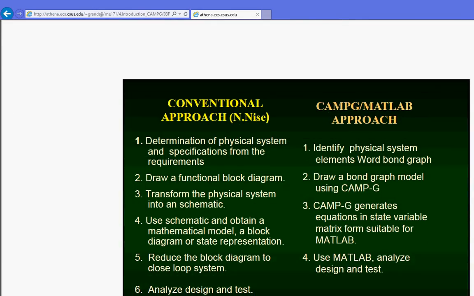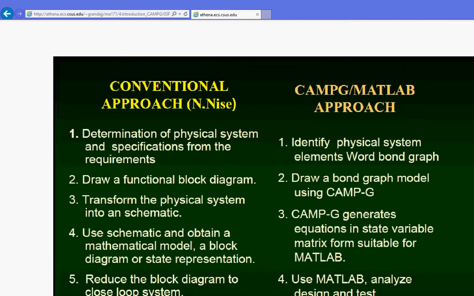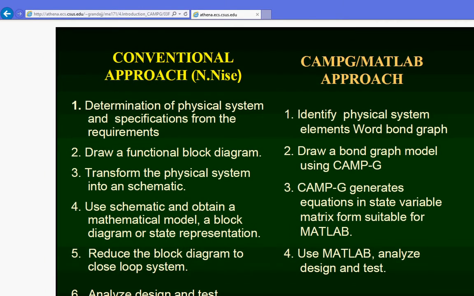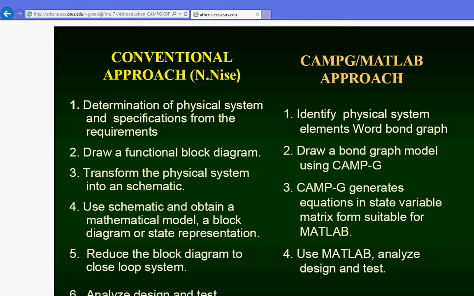We have a bit of a comparison of what the conventional approach is and what the CAMG approach is. This is the approach as presented by Norman Nise in his control engineering book. It says determination of the physical system specification from the requirements, and you draw a functional block diagram.